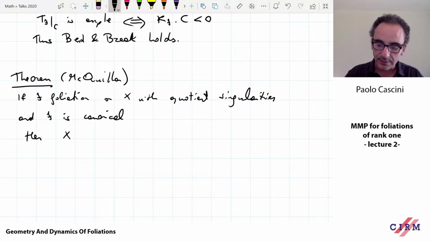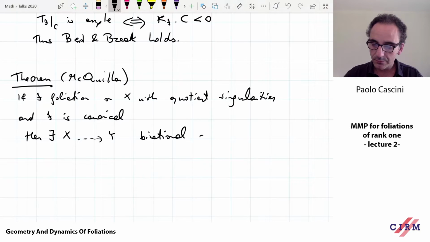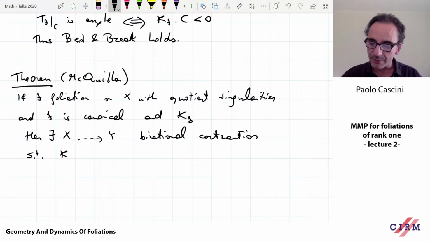Namely, there exists a rational contraction such that the induced foliation on Y, sorry, I should have said F is canonical and the canonical divisor of F is effective.